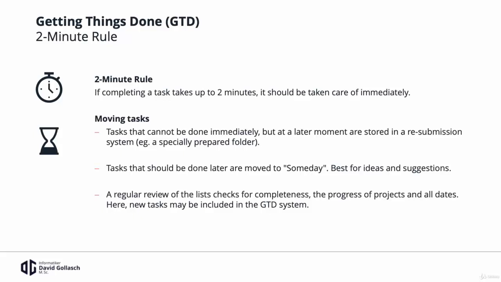Tasks that cannot be done immediately, but at a later moment, where you want to postpone them, should be stored in a resubmission system. So you could, for example, have an additional list for postponed tasks.